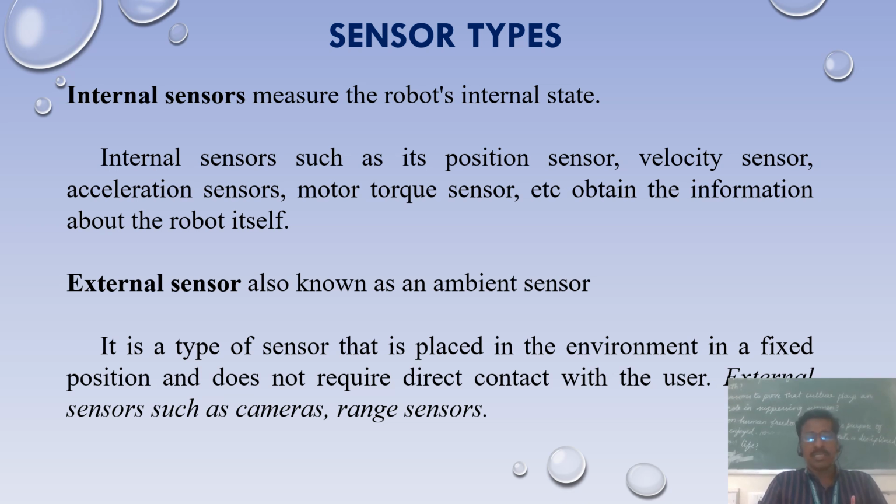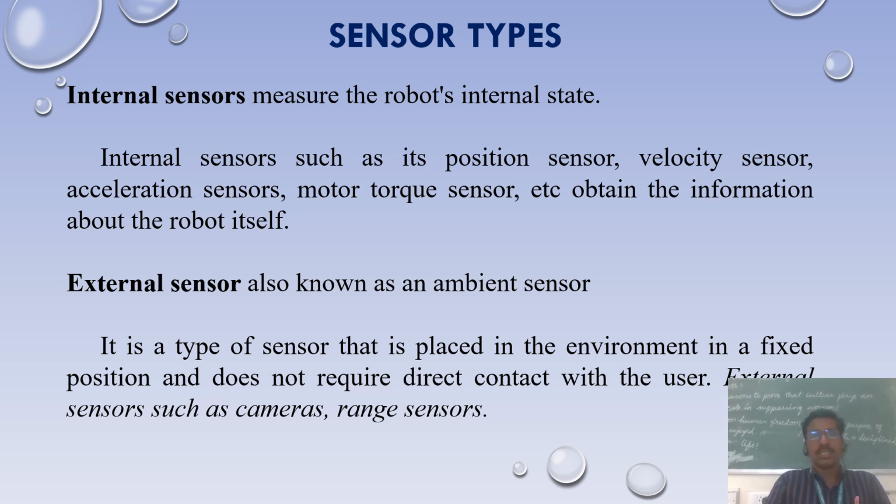So an external sensor, also known as an ambient sensor, is a type of sensor that is placed in the environment in a fixed position and does not require a direct connection with the user. That is, there is no direct connection with the system. External sensors include cameras, range sensors, etc., using Wi-Fi or internet connections.